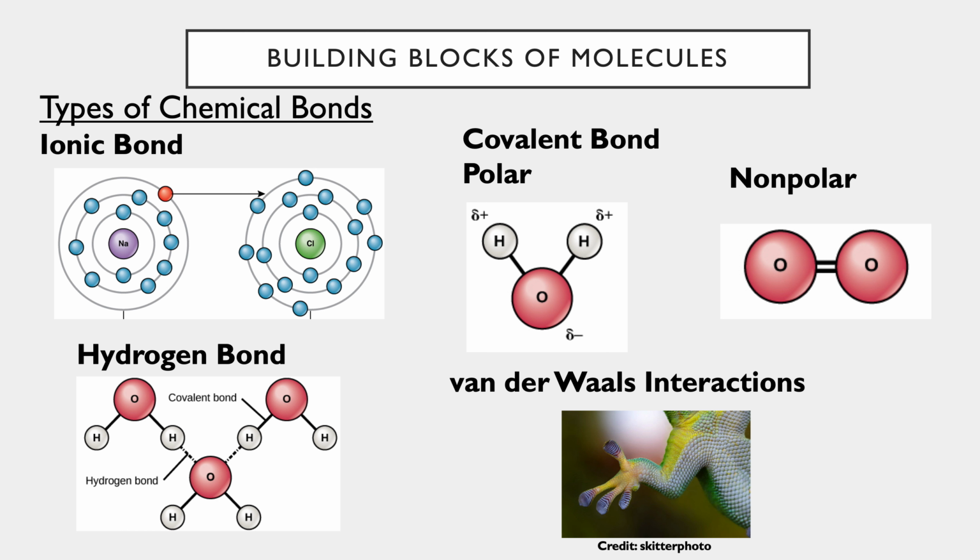You also have a covalent bond occurring between hydrogen and oxygen in water, H2O, and this creates a partially positive and partially negative charge within the molecule itself that you can see that we denote here. And then you have nonpolar covalent bonding between two oxygen atoms to the right-hand side. And since they share the electrons equally, there are no relative charges within the molecule itself.